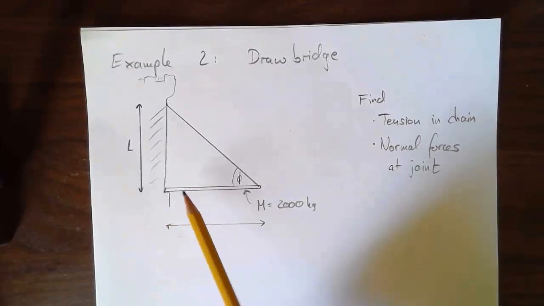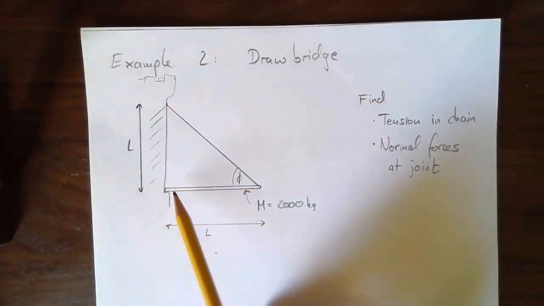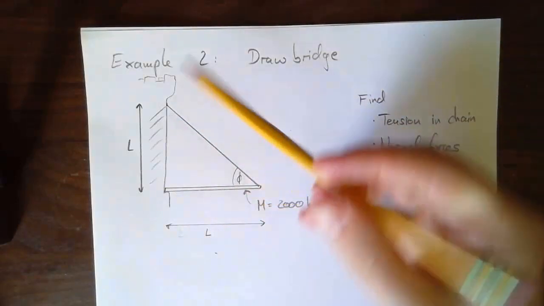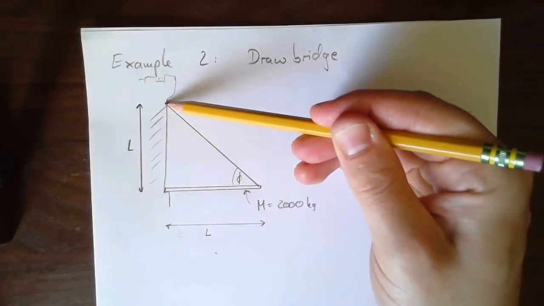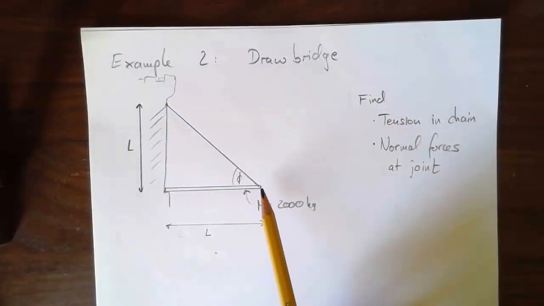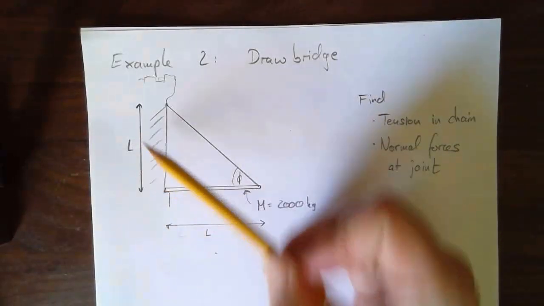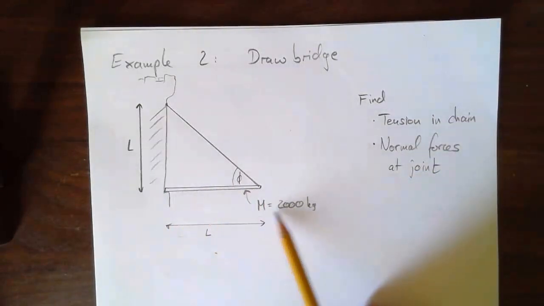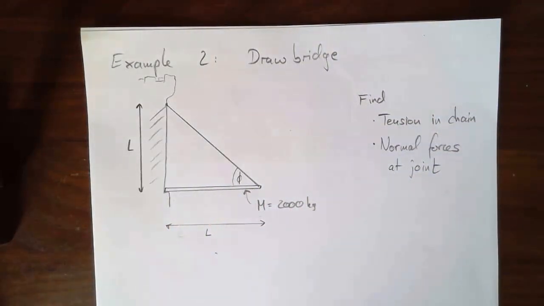Now, to make my life easy, I'm going to assume that this chain that holds up the drawbridge is touched at a height that is equal to the length of my bridge. So this is both length L and L. And I'm going to imagine that the bridge itself has a mass of 2,000 kilograms.